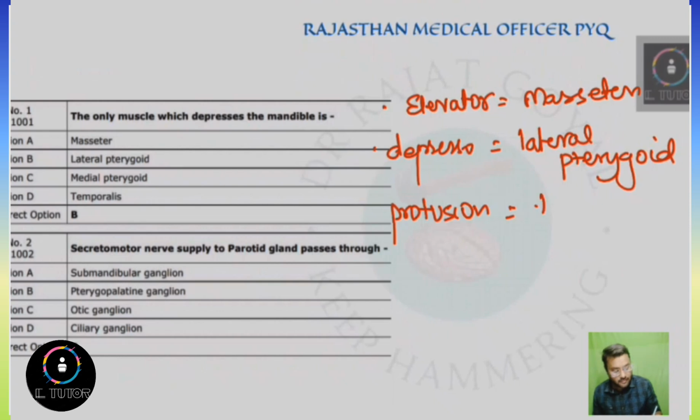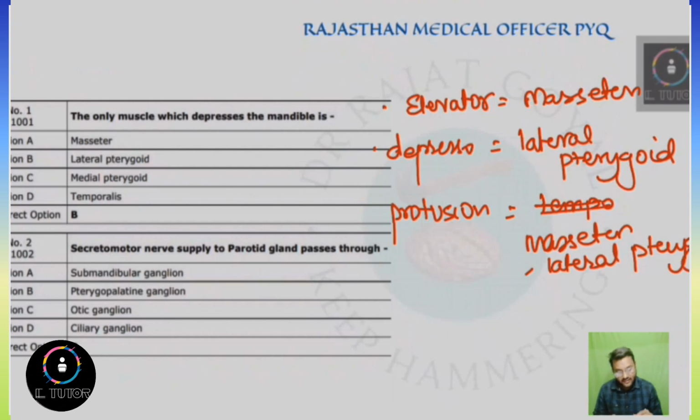So these are temporalis, masseter and lateral pterygoid. So here they are asking about depression. So depression is done by lateral pterygoid. So option number B will be the correct answer. If they ask about elevator, then answer will be masseter. If they ask about protrusion, then masseter and lateral pterygoid both are there.